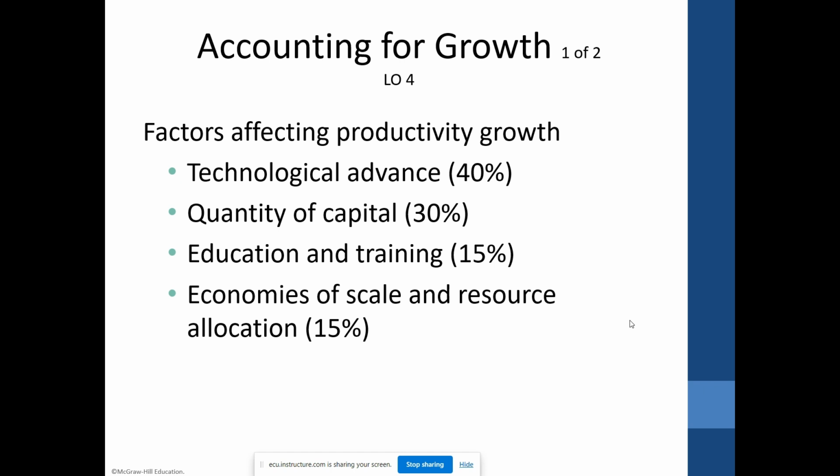Economies of scale are the reductions in per unit production costs resulting from increased firm size and output levels. Improved resource allocation means workers over time have moved from low to high productivity employment.